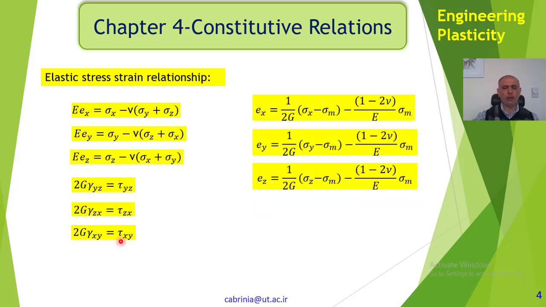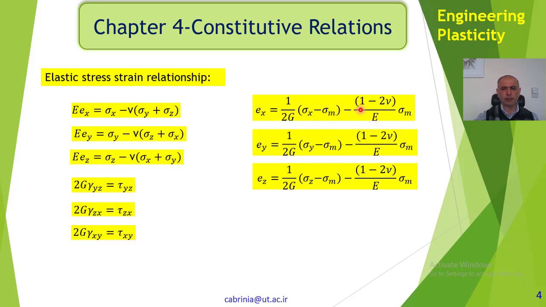Right. We could also write these equations in terms of the deviator, like that: sigma x minus sigma m. Sigma m is the mean stress or hydrostatic stress, which is the sum of the stresses divided by 3: sigma 1 plus sigma 2 plus sigma 3 divided by 3, or sigma x plus sigma y plus sigma z divided by 3.